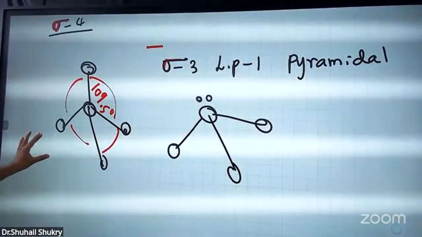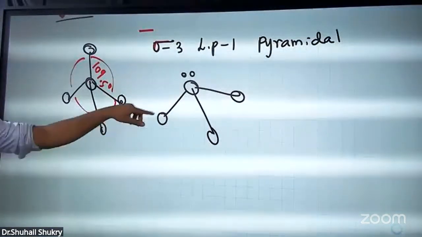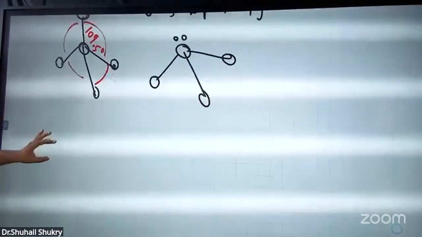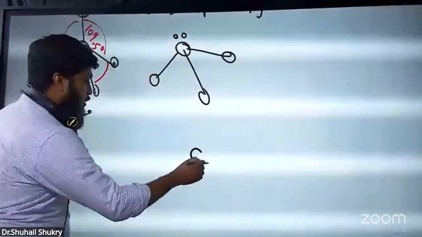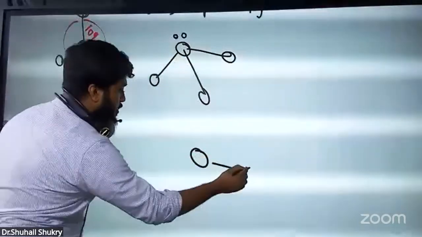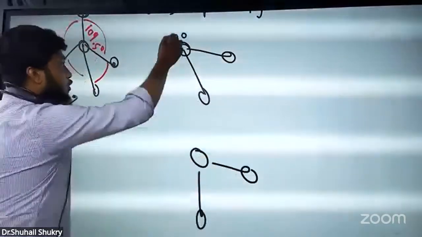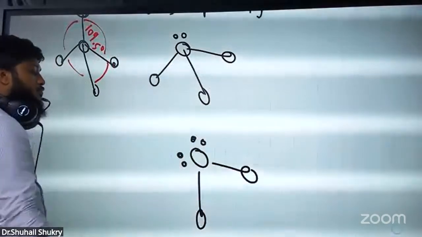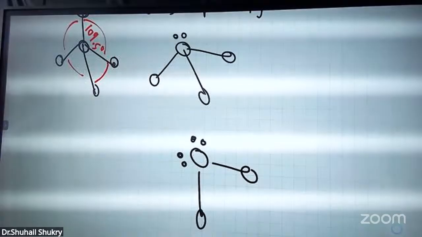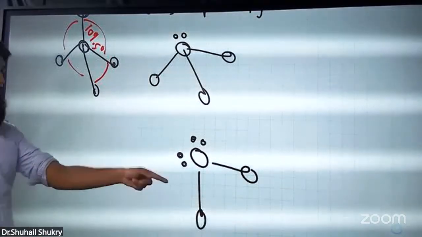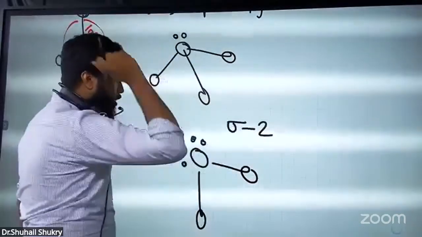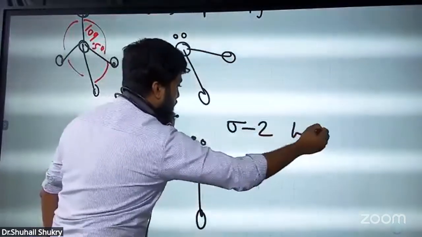Then if I remove 2, we'll remove 2 now. Now this part and this part are removed. Now what does this look like? Earlier it had 4 sigmas. From that I removed 2 sigmas, and now those became 2 lone pairs.